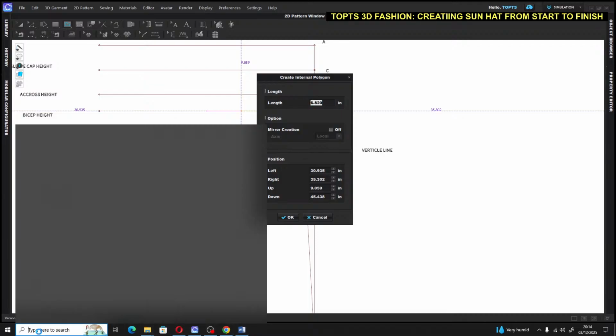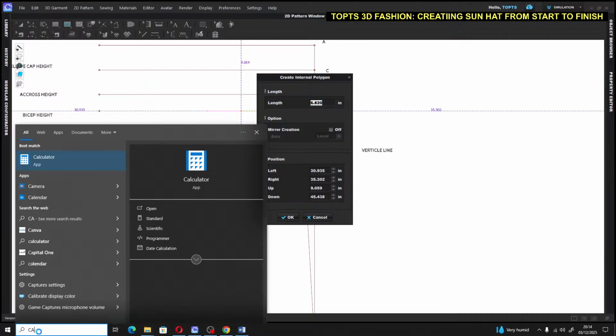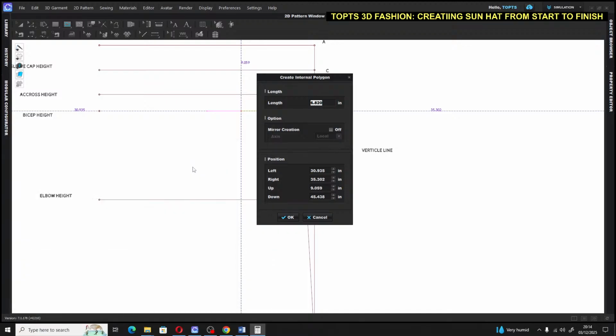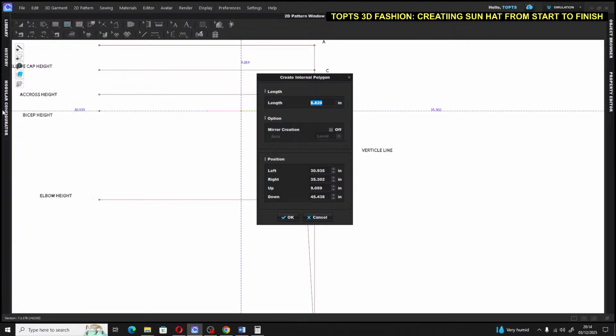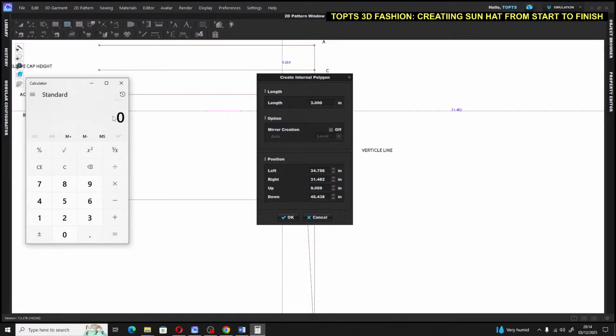What is the calculator? I removed it. Calculator. So our chest measurement is 38. 38 divided by 4 gives us 9.5.